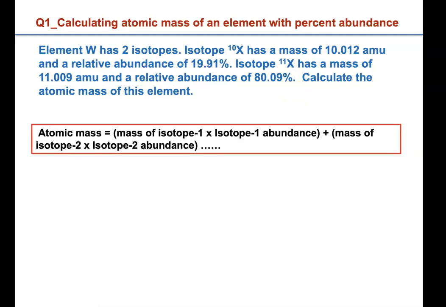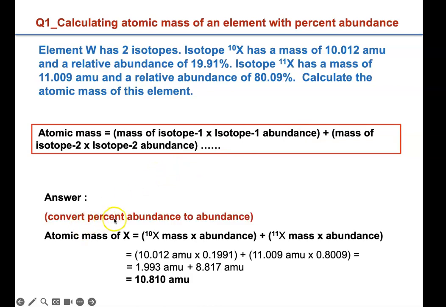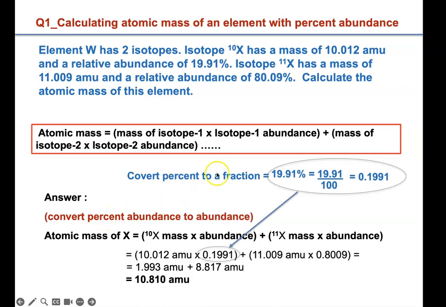So you're going to write your equation. Since you have 2 isotopes, you're only going to do this twice. And you are going to now convert percent abundance to abundance as shown here. So I'm done for the first one, X10. You're going to convert this into an abundance. So this means 19.91 divided by 100.